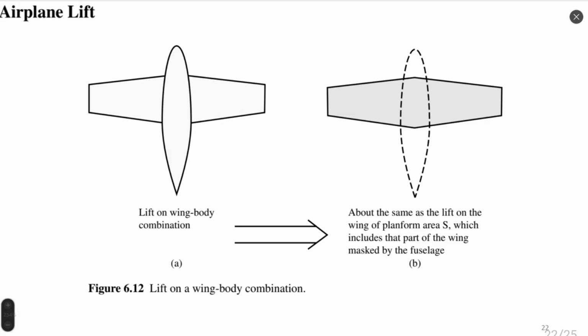The simplest approach is to transform airplane to just a wing without fuselage. Or let's say to use an equivalent wing that creates the same lift as would be created by complete airplane. So we do not see a fuselage, and we see only the wing as the main source of lift.